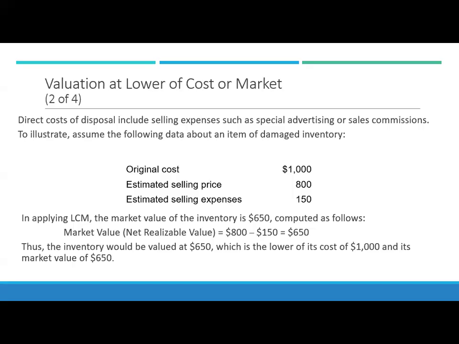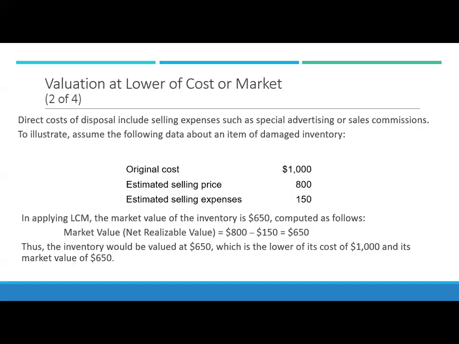However, sometimes things happen. For example, this particular item may have gone out of fashion and now we have to put it on clearance, sell it for 800. We have $150 in selling expenses. That might be commissions, delivery, anything like that. And so our net realizable value is $650. And we have to write this inventory item down to $650.